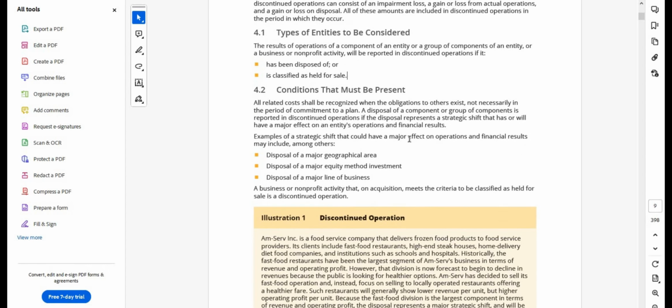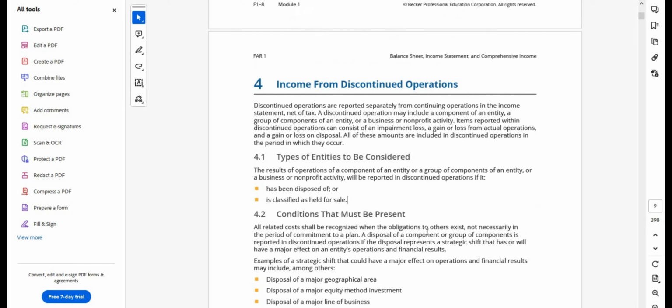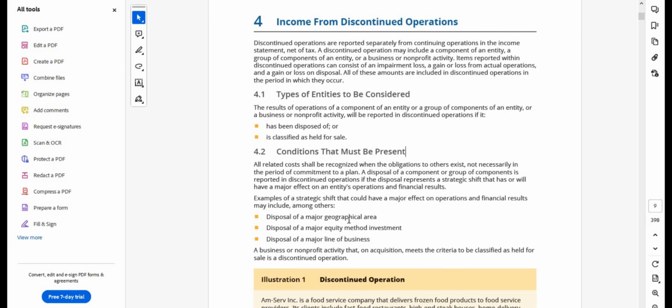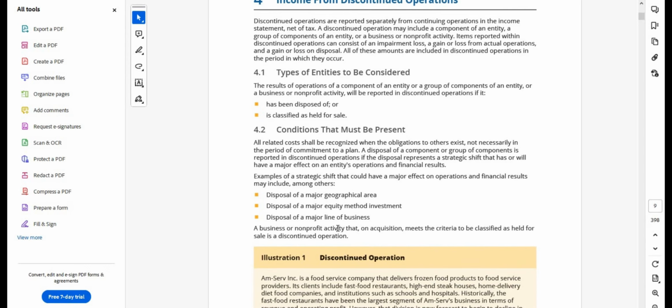Conditions that must be present. What are the conditions by which we can say that the business is planning its discontinuing operation? Means the business is planning to discontinue its operation when there is a major disposal of a geographical area, or there is a disposal of a major equity method investment, or there is a disposal of a major line of business.